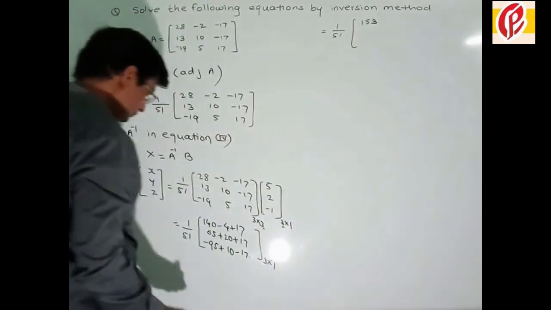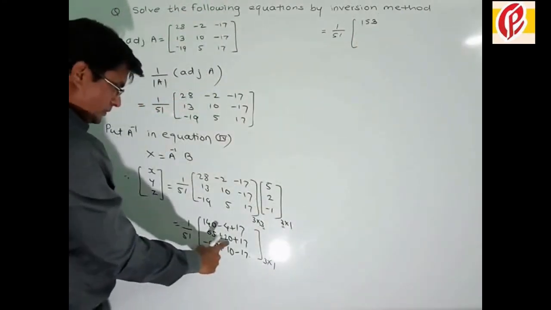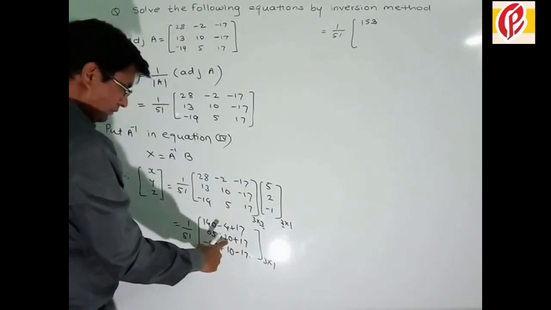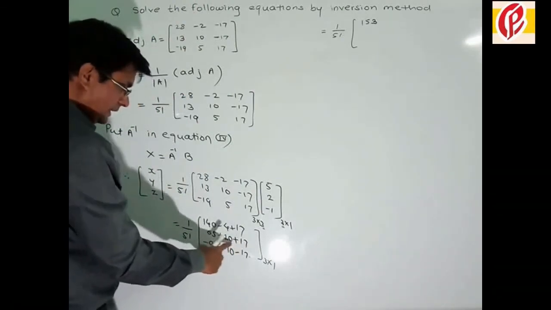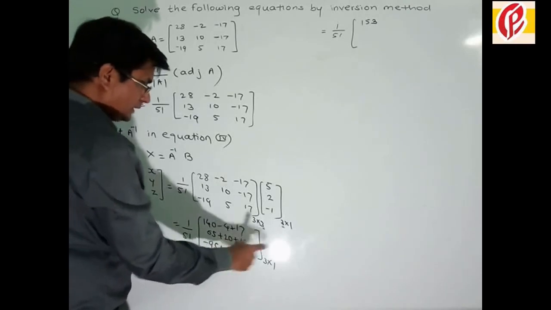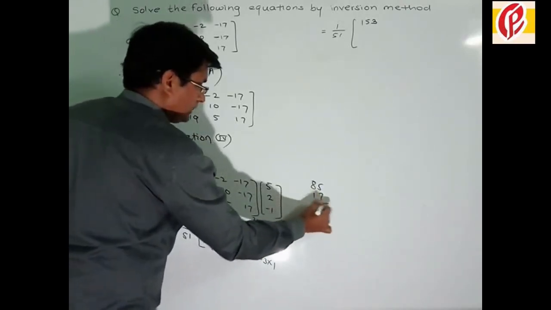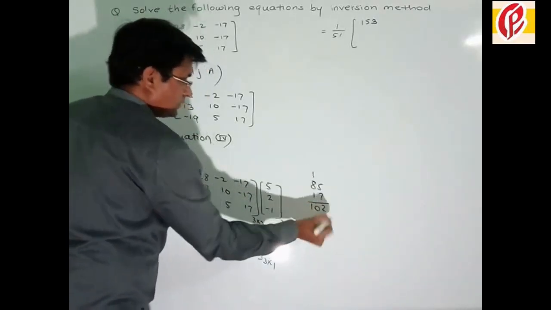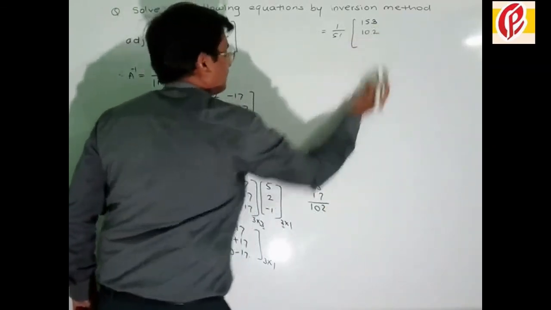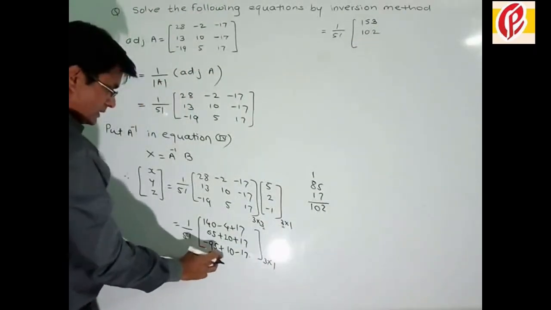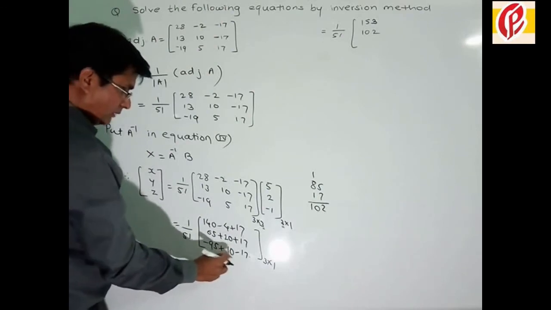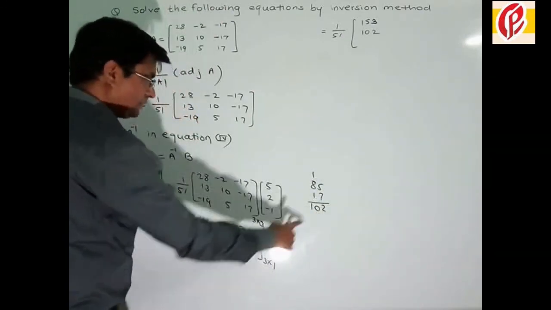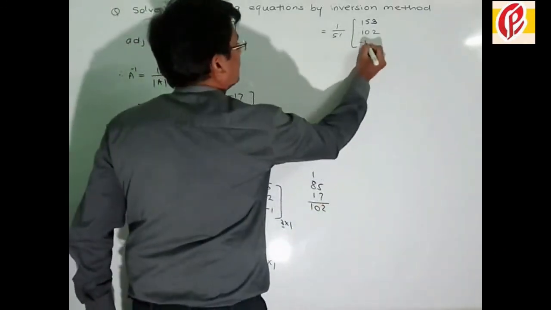Then 65 plus 20 plus 17, that is 85. 65 plus 20, 85, and 85 plus 17, 102. Then minus 95 plus 10, minus 85, and minus 85 and minus 17, that is minus 102.